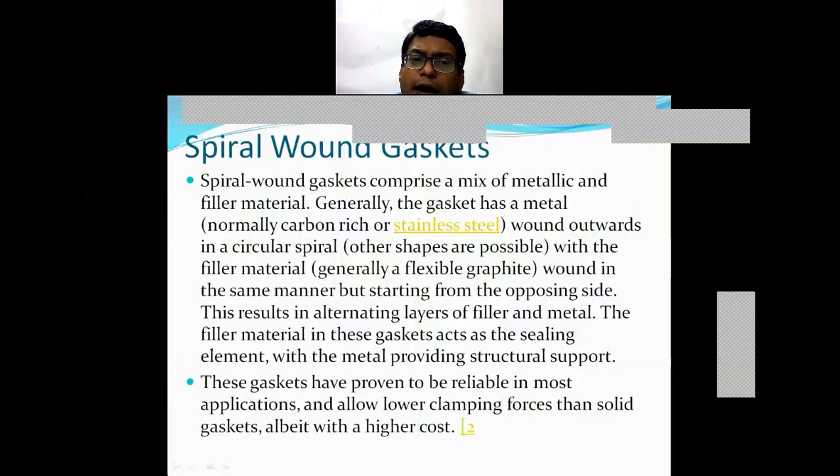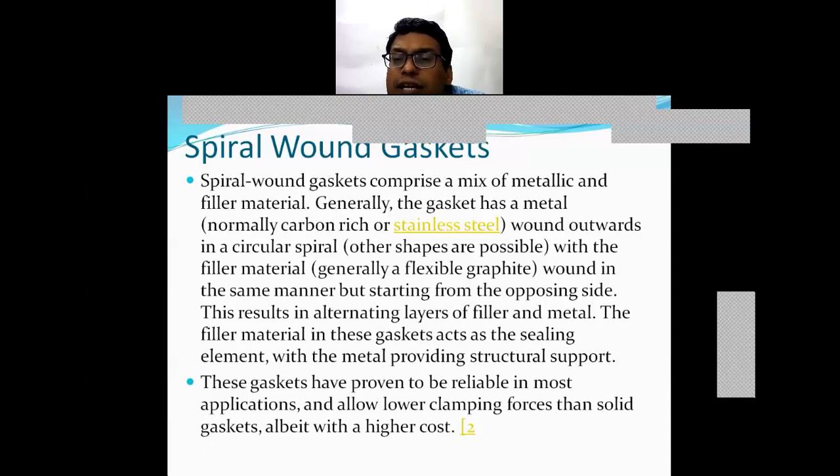Spiral wound gaskets comprise a mix of a metallic and filler material. Generally, the gasket has a metal, normally carbon steel or stainless steel, that is wound outwards in a circular spiral.